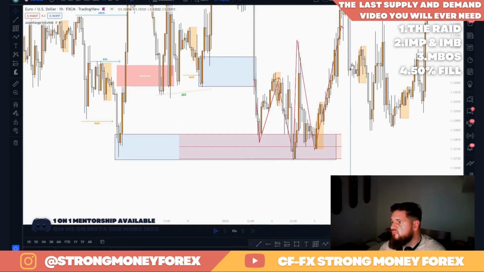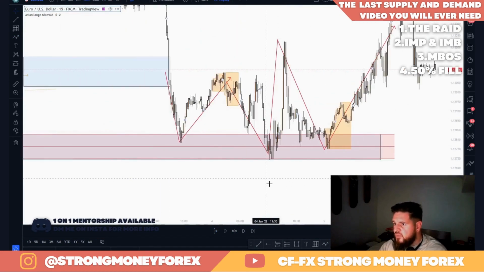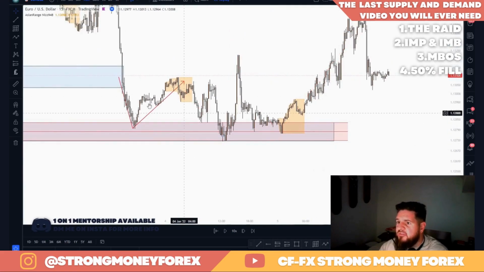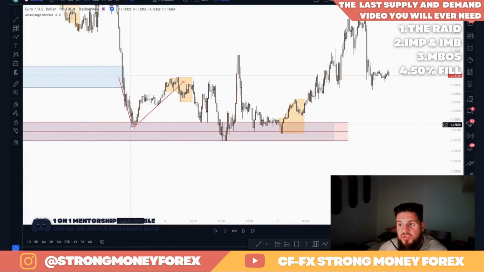So let me just replay this so you can see it properly on a lower time frame. Okay, what's happened here is price has had an immediate reaction to the zone because it's a good zone. We've qualified it with the raid, with the breaker structure, with the imbalance, the impulsive move, and that means that there's loads of orders sat there.